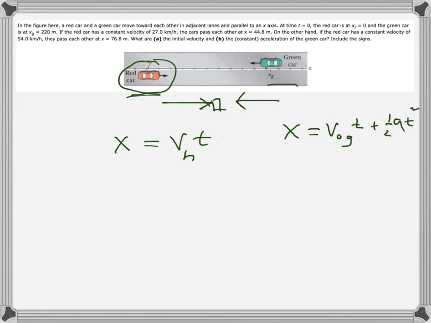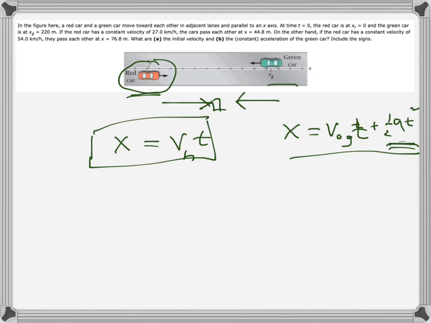This is modified because it has an acceleration. For the red car, this is the same equation, but acceleration was 0, so this term became 0.